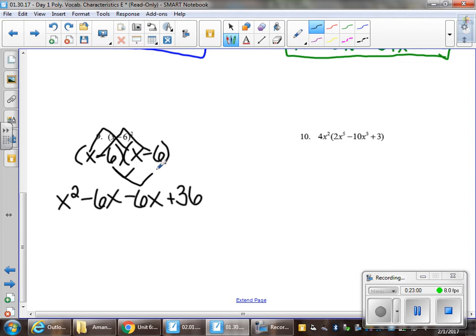Good. Did everyone get that? Yep, because it's negative 6 times negative 6. And we have to simplify this. So I agree, this will become negative 12x.